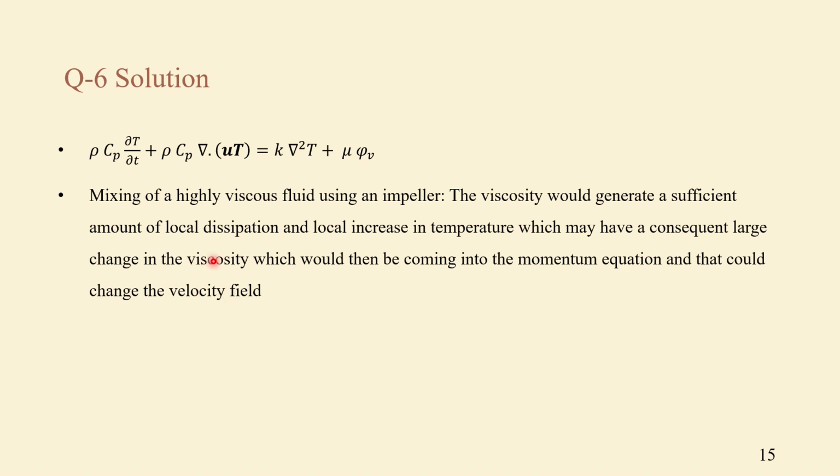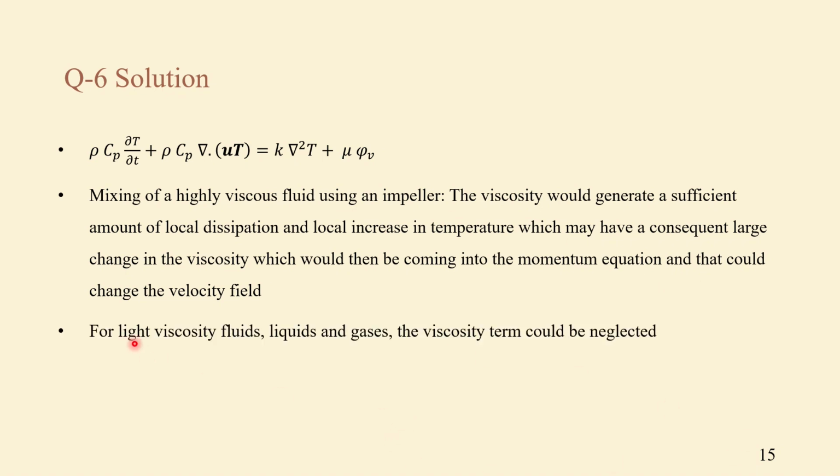A highly viscous fluid generates a high amount of local dissipation, the temperature increases locally, and this again affects the viscosity. This viscosity comes back in the momentum equation and could change the velocity field.